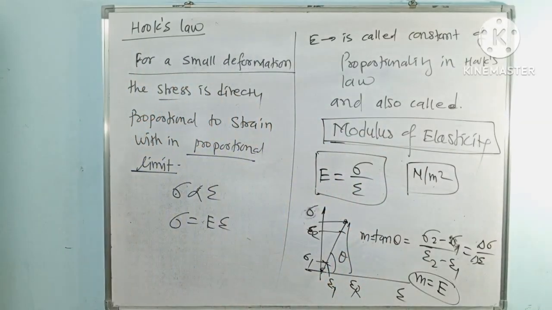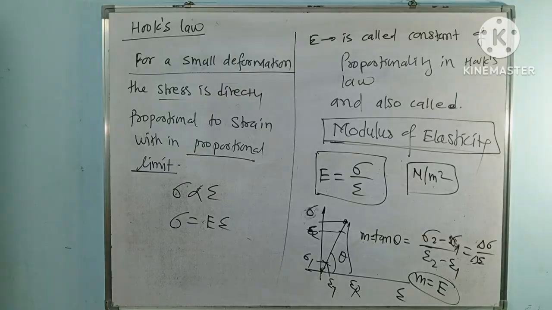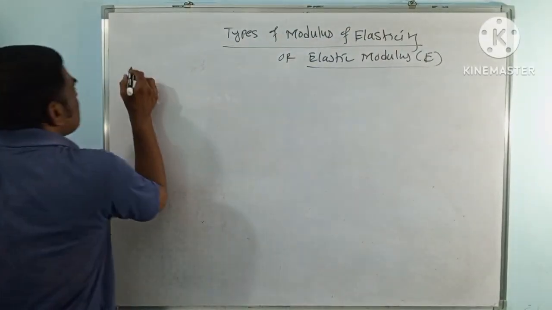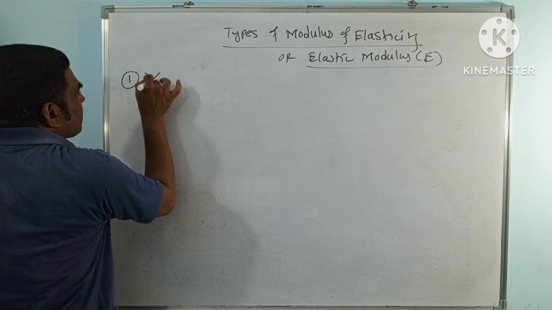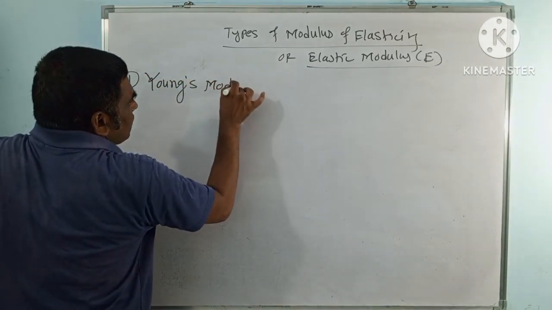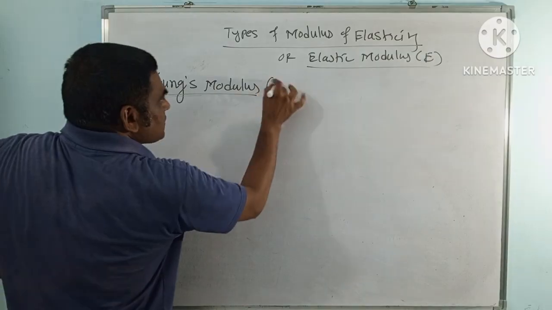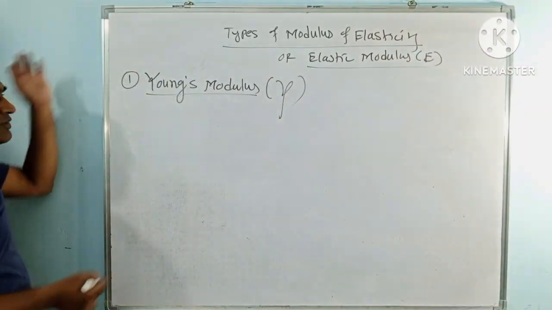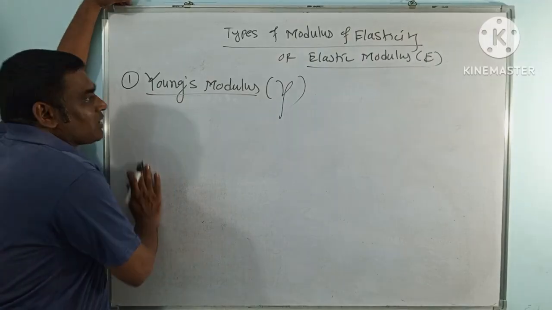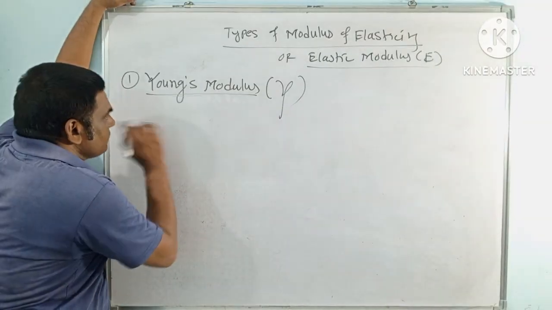Note this first. Types of modulus of elasticity, or elastic modulus. Number 1, Young's modulus. What is this Young's modulus? It mostly occurs in solids.